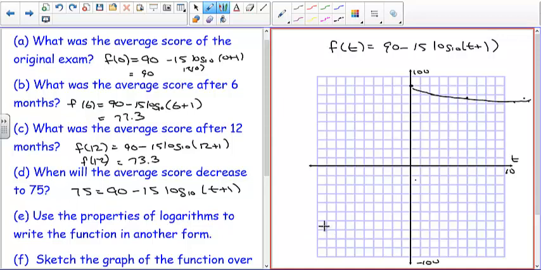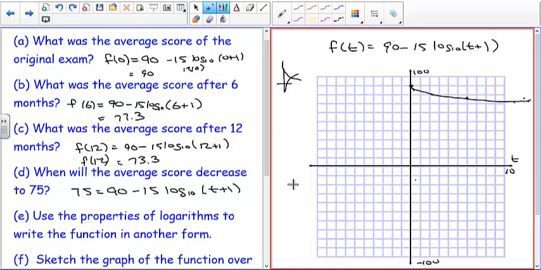Ultimately, what you have is this negative sign here. The normal logarithmic function looks something like this, so this is going to go this way. It's going to be shifted 90 units in the positive y direction, and then it's also going to be stretched. So that's probably why it's just best to plot those 3 points and call it a day.